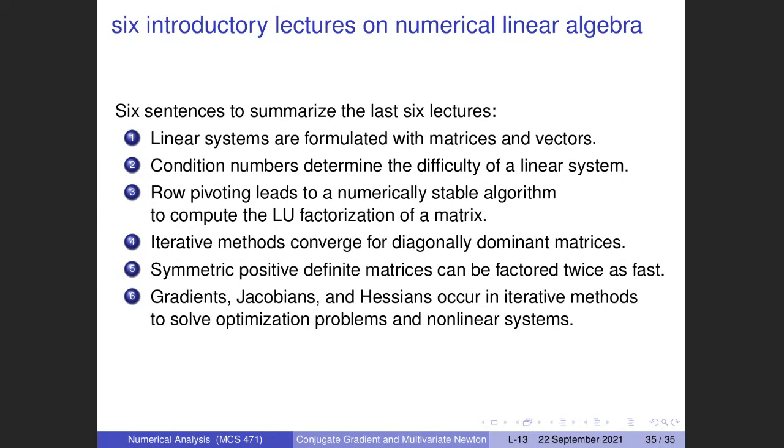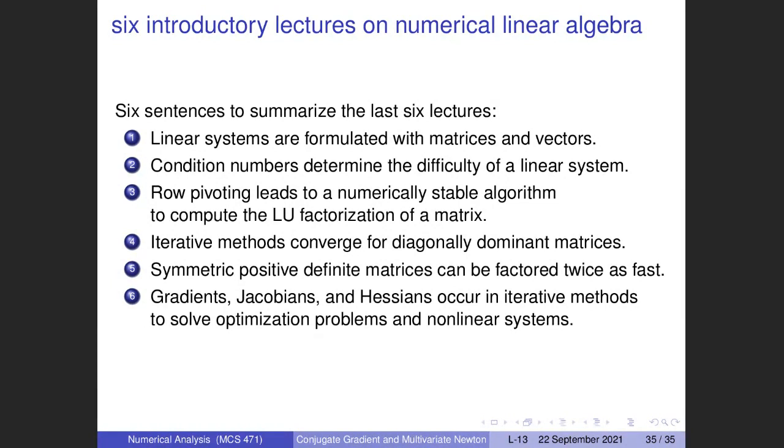Iterative methods converge for diagonally dominant matrices if we solve a linear system, and they have a lower cost. With Cholesky, as in last lecture, the LU factorization is done twice as fast. And in this lecture, we considered another iterative method in which gradients occurred.